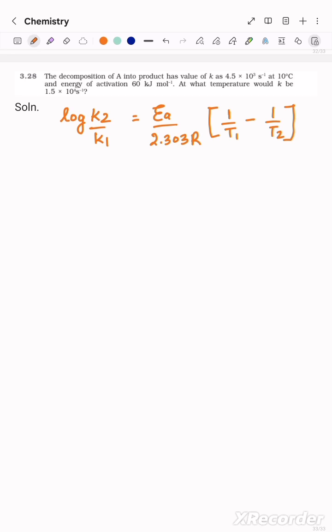Energy of activation is 60 kilojoule per mole.